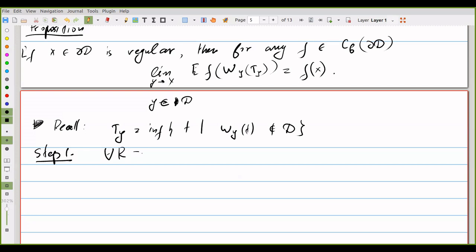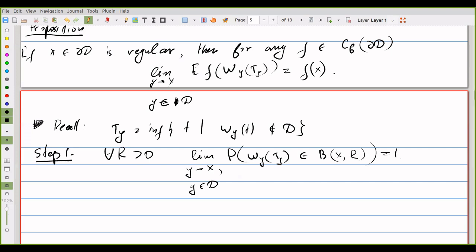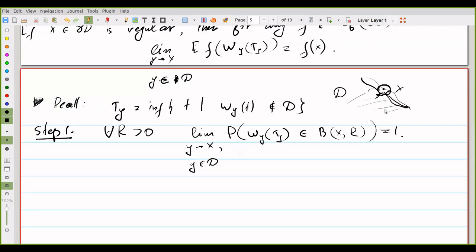For any positive R, consider the limit from inside of the probability that, if we start close to the boundary, we will hit the boundary in some proximity of x. So it cannot happen that we go far away from x, even if we started very close to x.